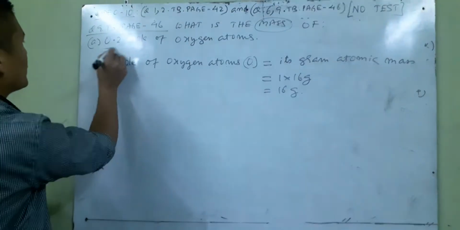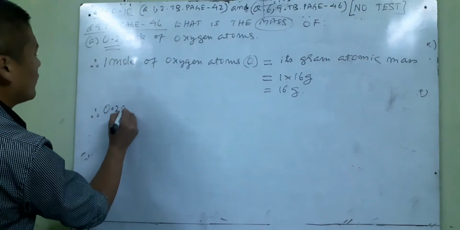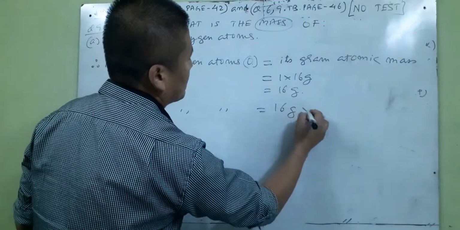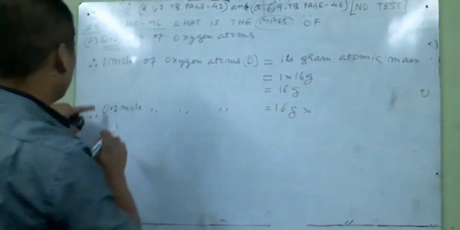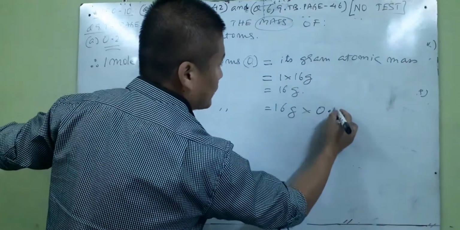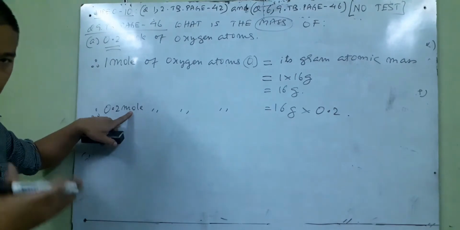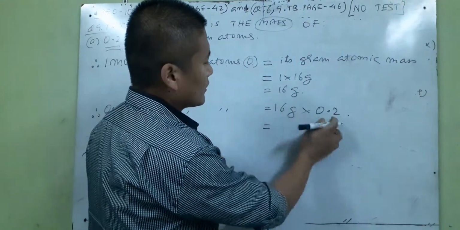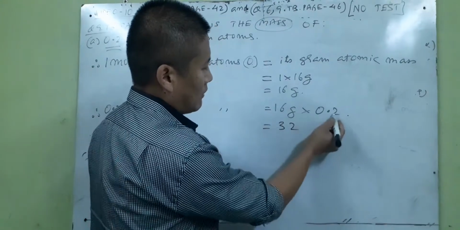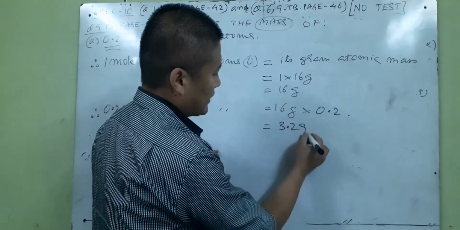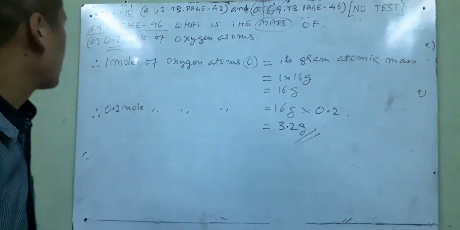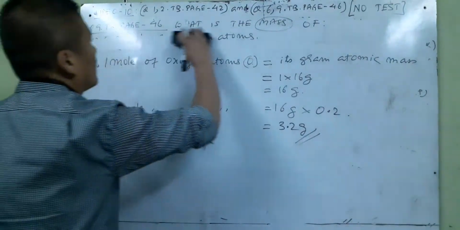Therefore, they are asking for 0.2, so write here 0.2 mole of oxygen atoms is equal to 16 grams, same thing you write, multiply by this number here, 0.2, and we should not bring the mole unit, it cannot come to the right. So this is here, 16 2s are 32, 1 decimal place, so it will go here, 3.2 grams. Okay, 3.2 grams.